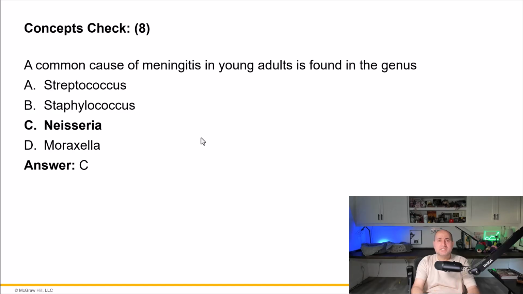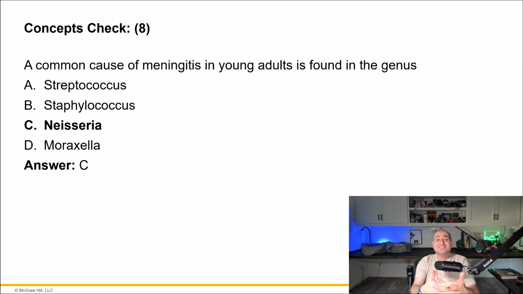There's also viral meningitis, and it's the same with pneumonias too. Remember Streptococcus pneumoniae? It's a bacteria that causes pneumonia. Well, guess what? Pneumonia simply means inflammation or fluid in the lungs. Many different germs cause pneumonia. Streptococcus pneumoniae is a major cause of pneumonia, but it's not the sole cause of pneumonia.